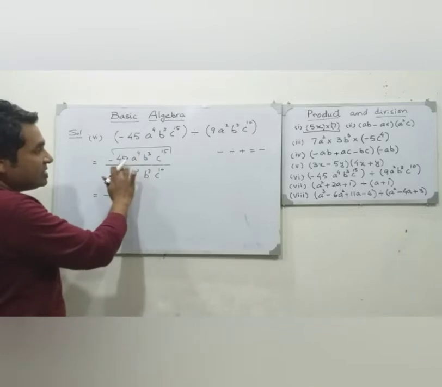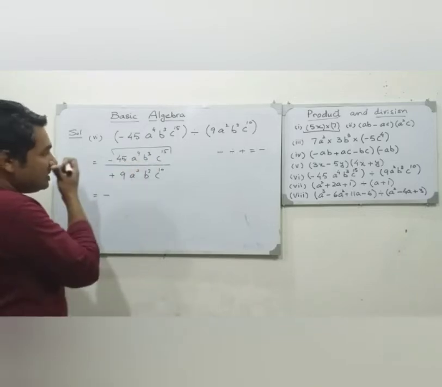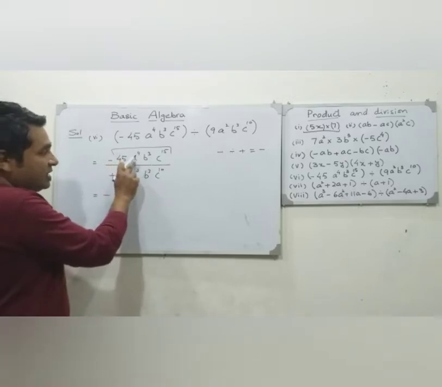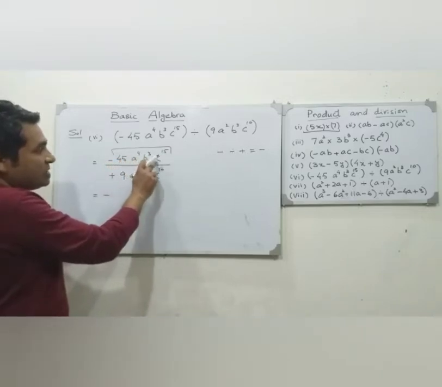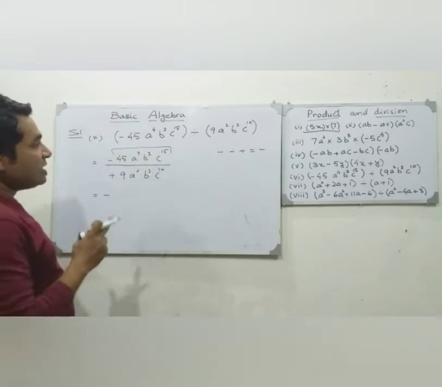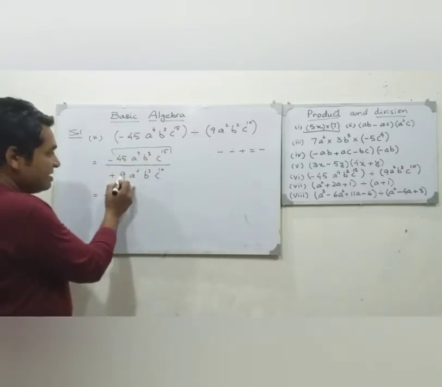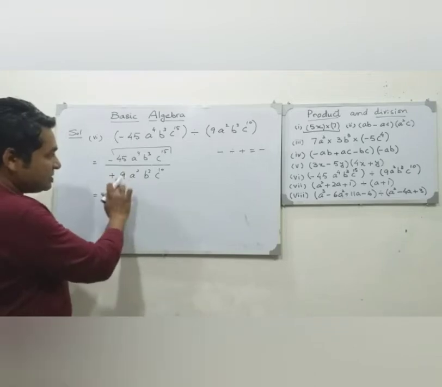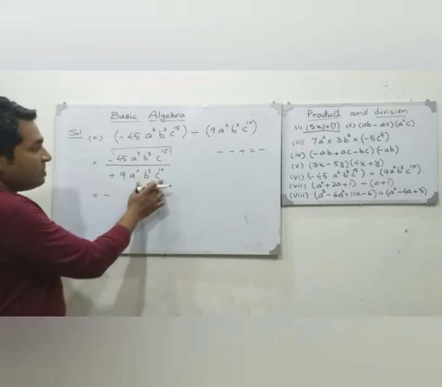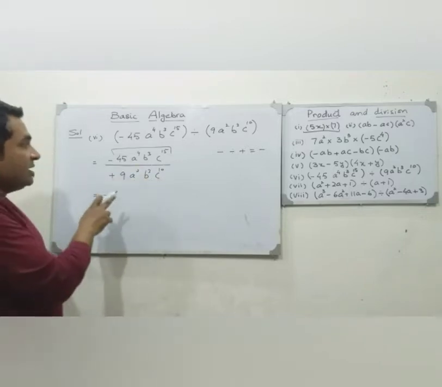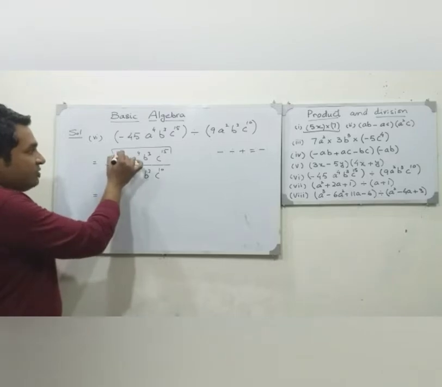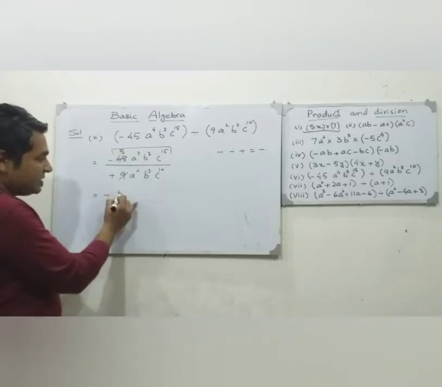This is a product, you can say, 45 a^4 b cubed c^15. These are written as a product, and they all are multiplying with each other. In the same way, this whole expression is a product written here. They all are multiplying with each other. So on behalf of that, we will cut them. So 9 5s are 45.